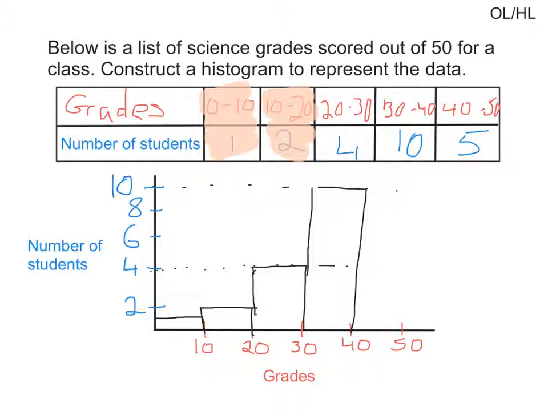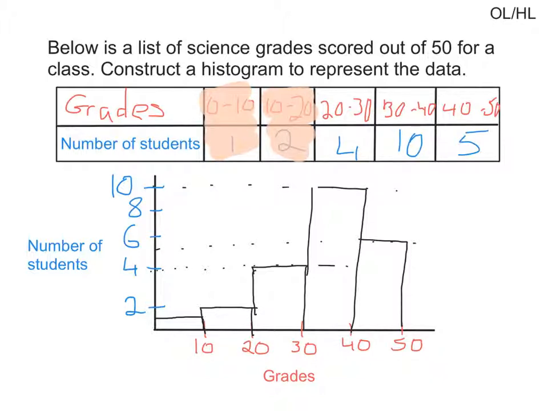And our last one is a frequency of 5. We can rub out the dotted line afterwards. This was just used as a guide. And now we have completed our histogram for the data values. A few points to note about histograms is that another name for an interval is a class or group.